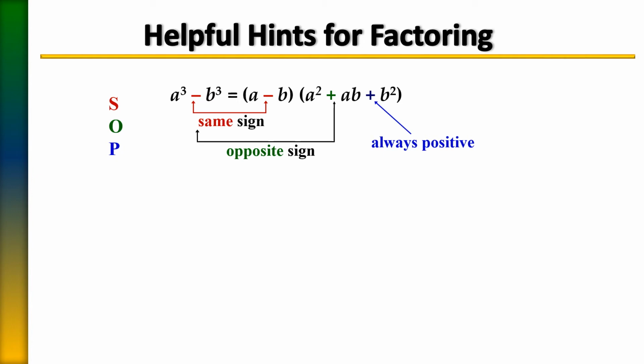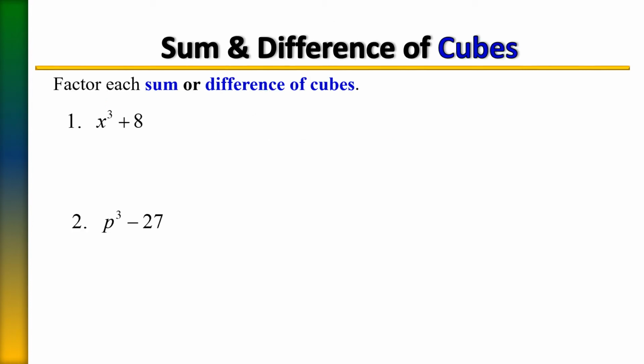So just remember the chant in terms of what goes inside the binomial and the trinomial. In terms of what signs go inside, it is always SOP. And there you have it, helpful hints for factoring a sum and difference of cubes.